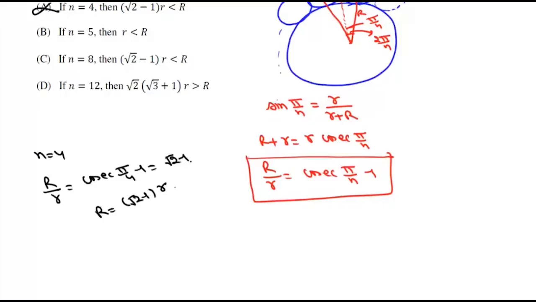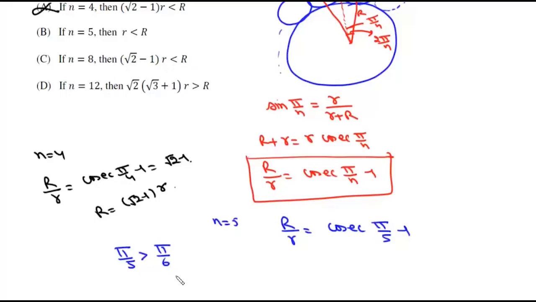Now for option B, we'll put n as 5. Now if we put n as 5, we'll get r upon R equals cosec pi by 5 minus 1. Now pi by 5 is greater than pi by 6.